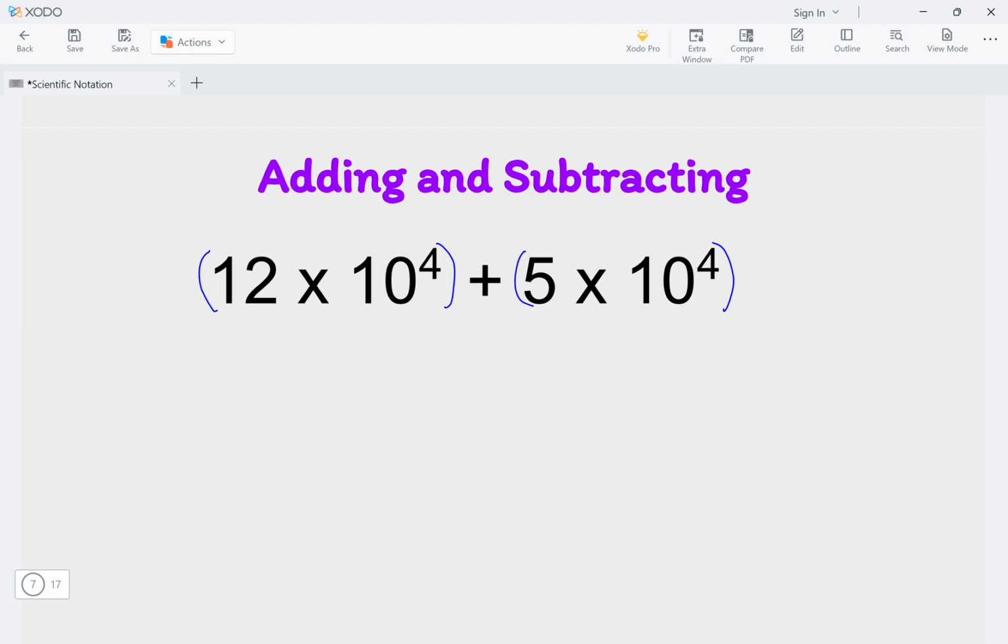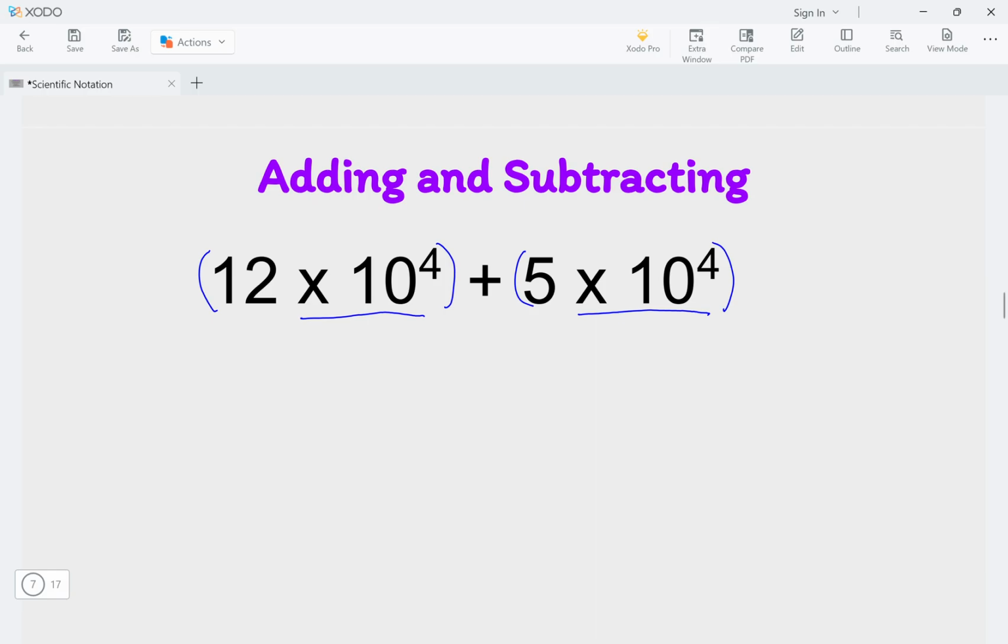If I have the same power of 10, then these have the same place values. If I was to undo the scientific notation and write it in standard form, these would have the same place value. So I can add these or subtract these and it's not a problem.